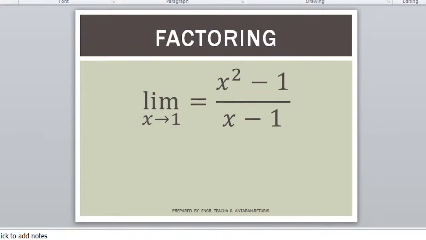Let's say we have here a given function, x squared minus 1 all over x minus 1. Now, you are to evaluate the limit as x approaches 1. Can you follow? Now, sabi natin, para ma-evaluate ang limit, simply put in the value of x, right? Now, if you substitute 1 in the equation, what will be the result? Okay, tingnan nga natin.